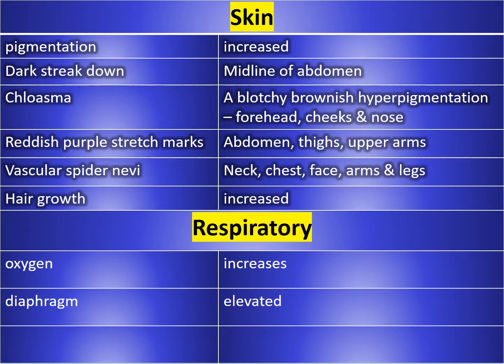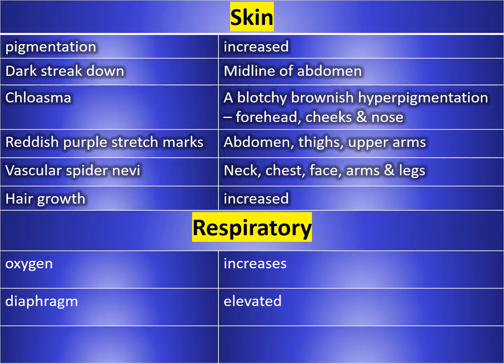Reddish purple stretch marks or striae are observed on the abdomen, breast, thighs and upper arms. Vascular spider nevi may occur on the neck, chest, face, arms and legs. The rate of hair growth may also increase.